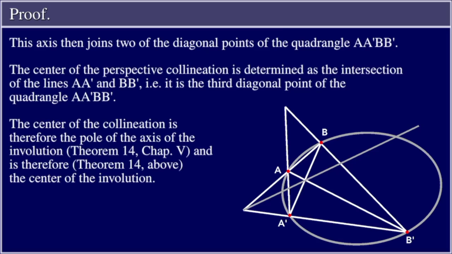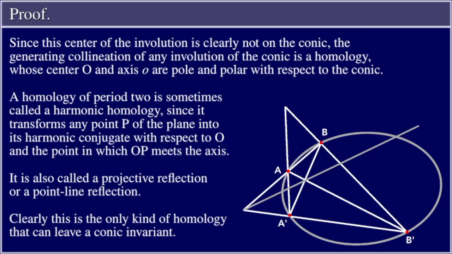The center of the collineation is therefore the pole of the axis of the involution, Theorem 14, Chapter 5, and is therefore, Theorem 14 above, the center of the involution. Since this center of the involution is clearly not on the conic, the generating collineation of any involution of the conic is a homology, whose center O and axis o are pole and polar with respect to the conic.